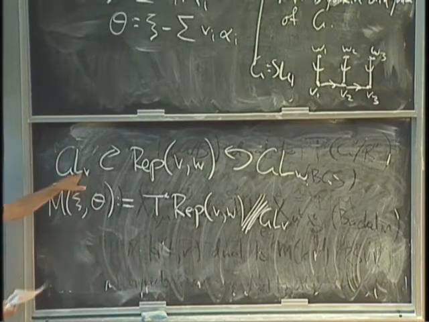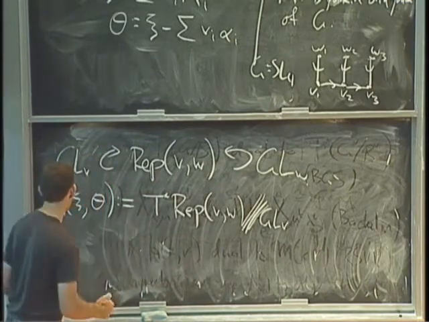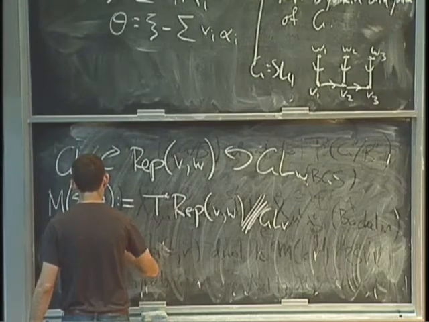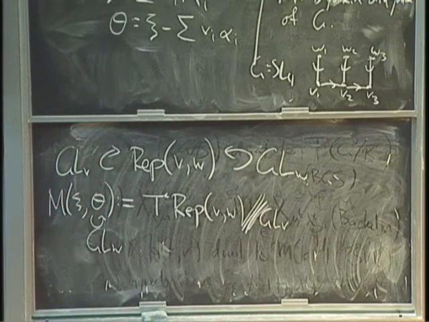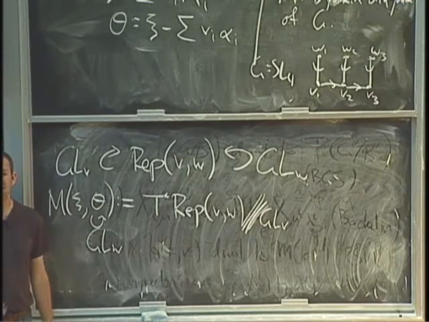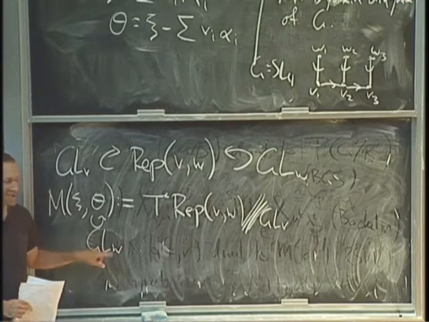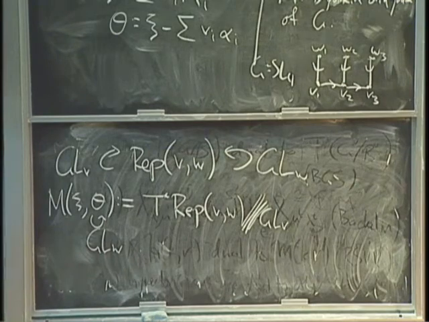I modded out by my GL_V action, but I still have a GL_W action left over. That GL_W action is important because remember, I wanted to have a C star action with isolated fixed points. So the GL_W is going to sometimes give me my C star action with isolated fixed points.